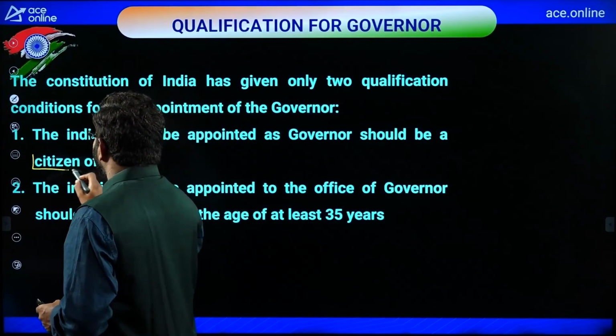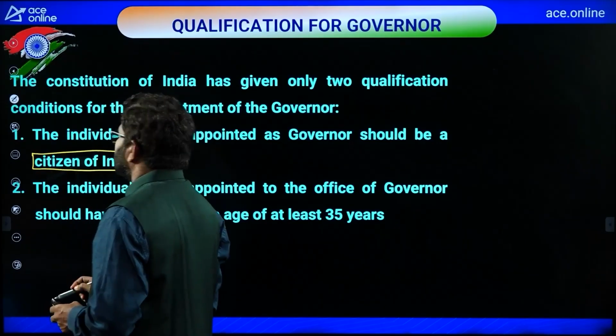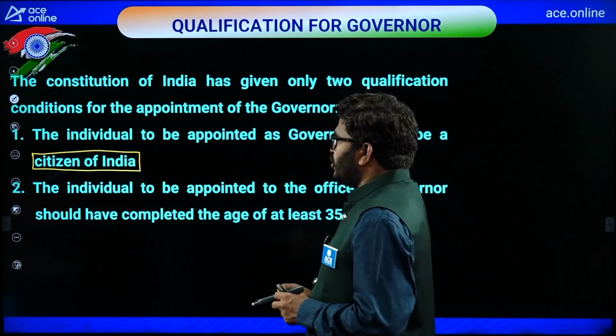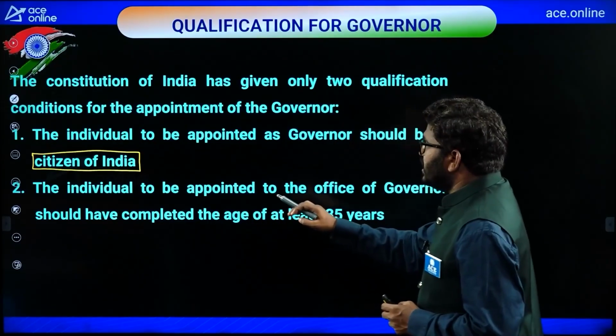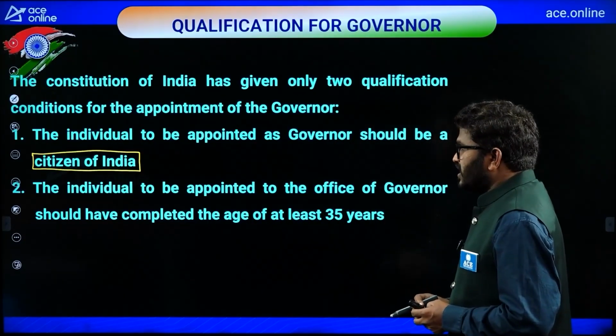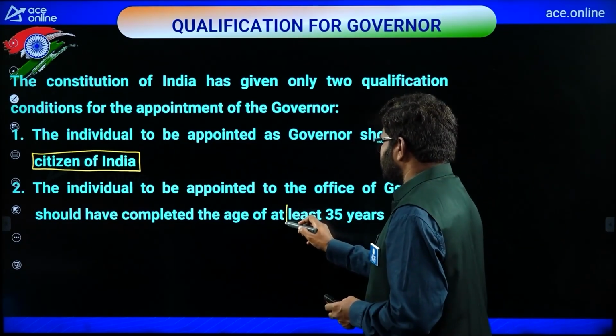Second, the individual to be appointed to the office of the governor should have completed the age of at least 35 years.